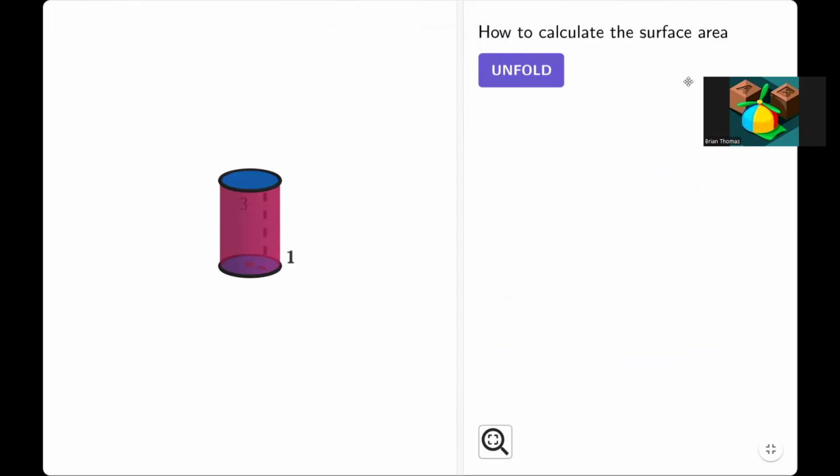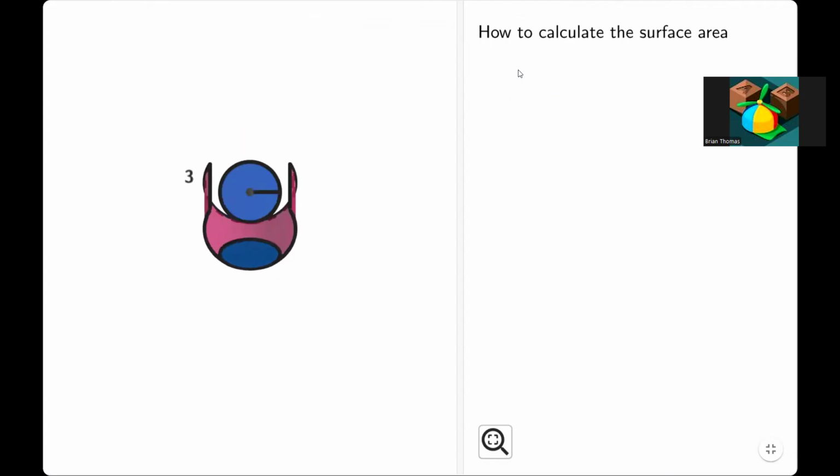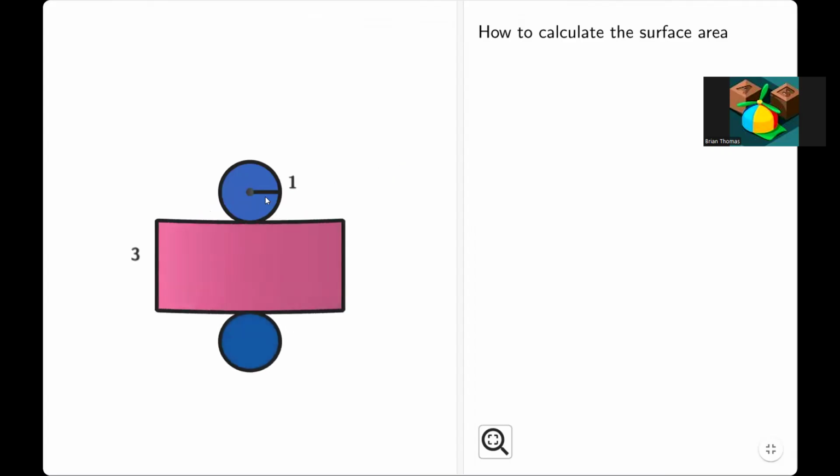Okay, so how do we calculate the surface area? Well, they didn't give us a really hard problem. It looks like they said the radius is 1 and the height is 3. So if we unfold this, they're saying the radius is 1 and the height is 3.